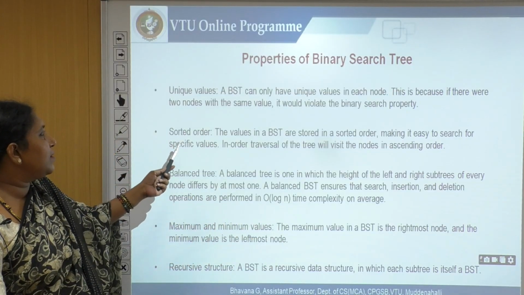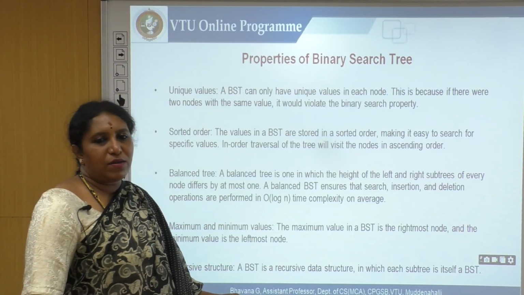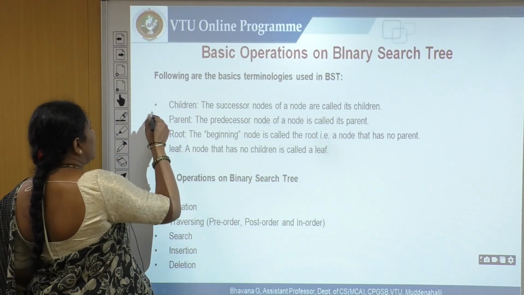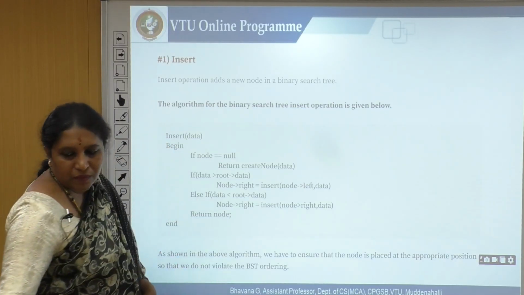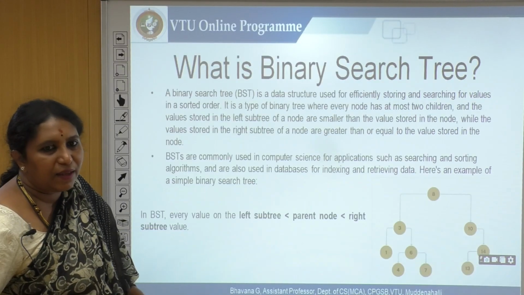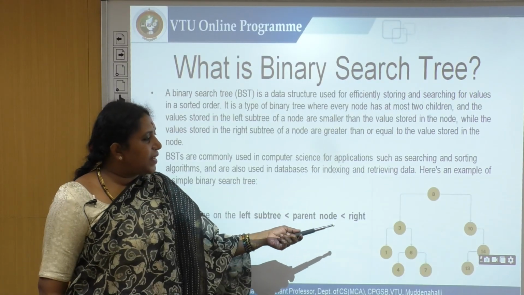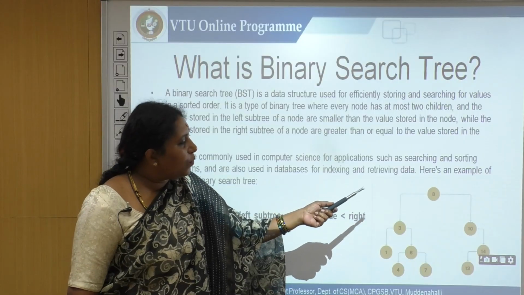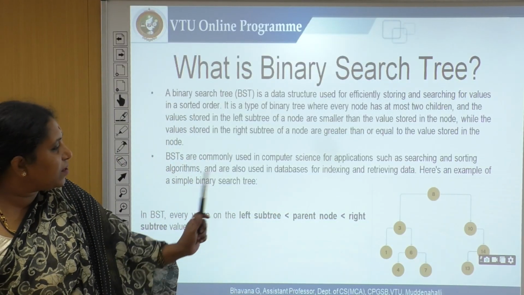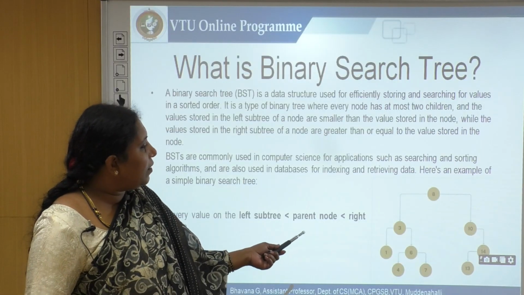Next, it is in sorted order. See here in this example, the left subtree is less than the root, then the root is less than the right subtree. That is why it is in sorted order. Everything is sorted.